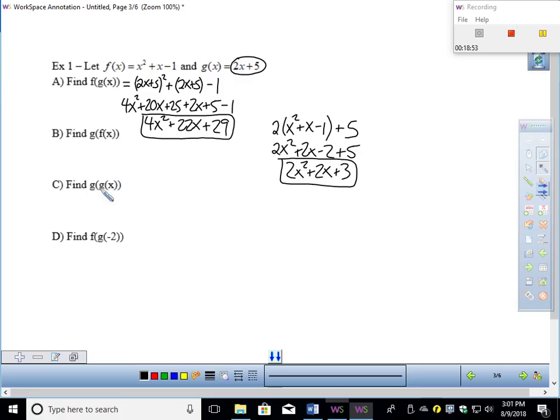Well, that is going to be the input of the g function. And whenever I say that phrase, what I really mean is it replaces the x's of the g function. So it's almost like this. That whole thing replaces the x's of the g function. Pretty neat. I like that one. Well, in this particular case, instead of 2 times x, it's 2 times 2x plus 5, plus the 5.